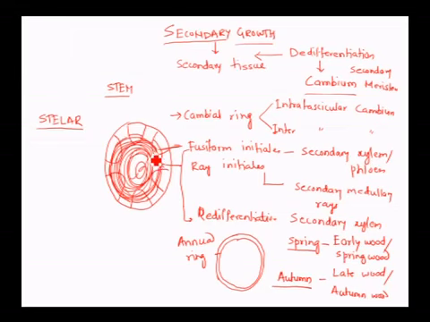So outer side the new rings are developing and old rings are deposited inside. So after many years, this portion where the xylem vessels are filled with metabolites like oil, tannin, resin, etc. becomes hard, known as duramen.